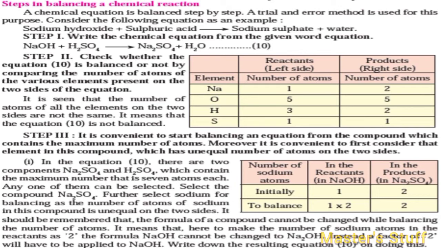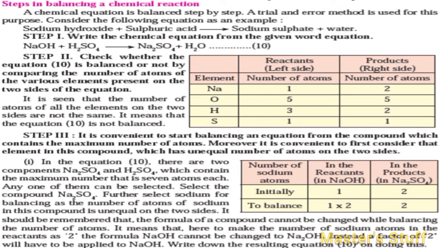Step 1. Write the chemical equation from the given word equation, that is NaOH plus H2SO4 gives Na2SO4 plus H2O.